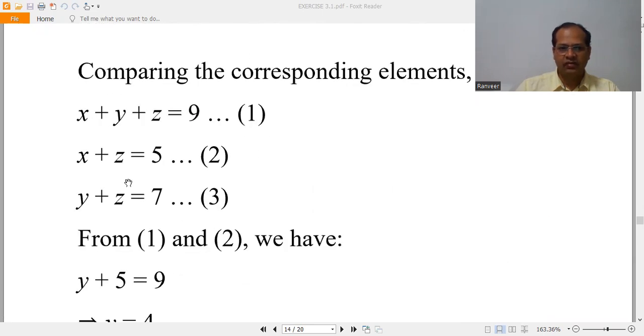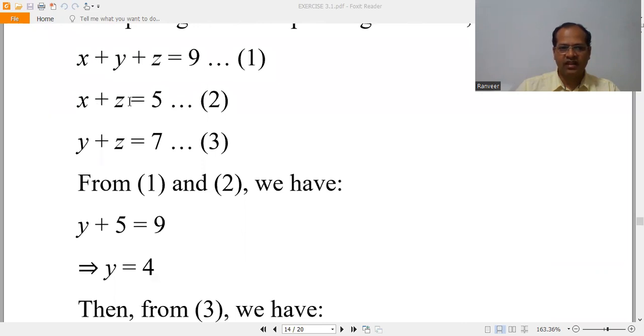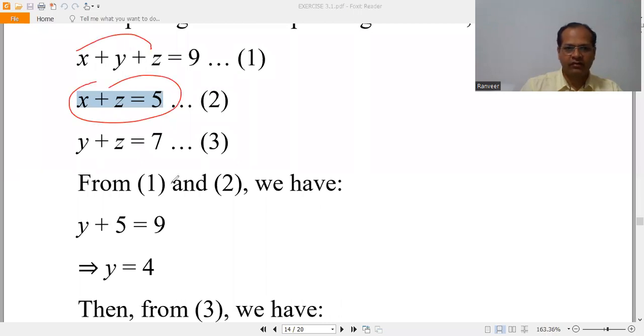This is just a linear equation format. So from first and second, we will substitute the value. If we will substitute this value, it will give you the y value. Similarly, whatever the value of y we get, just put in the third, we'll get the value of z.